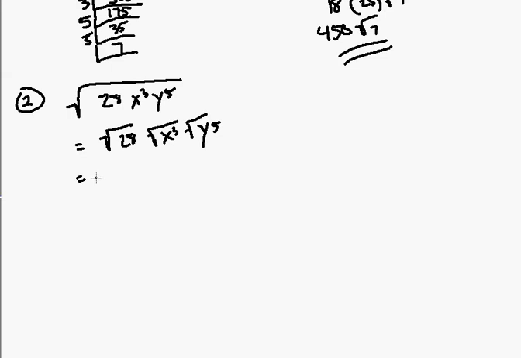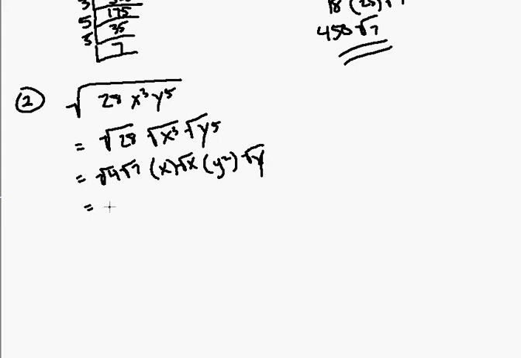This is equal to square root of 4 times the square root of 7. This is going to be x square root of x, and this is going to be y squared square root of y.